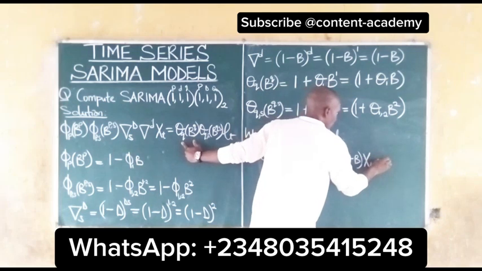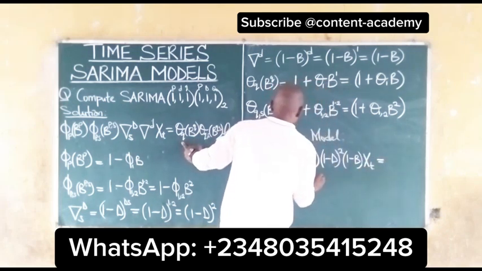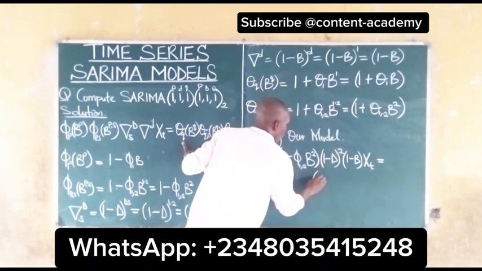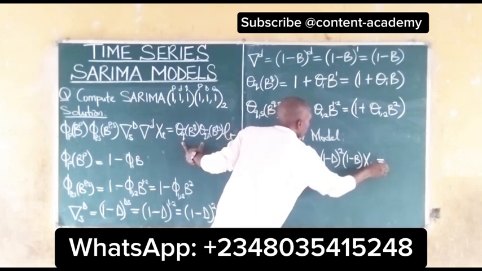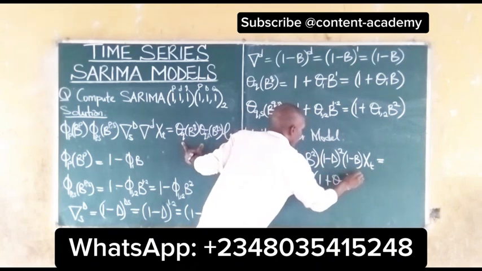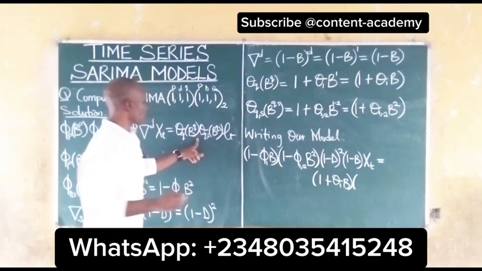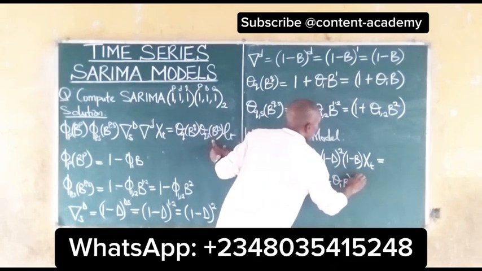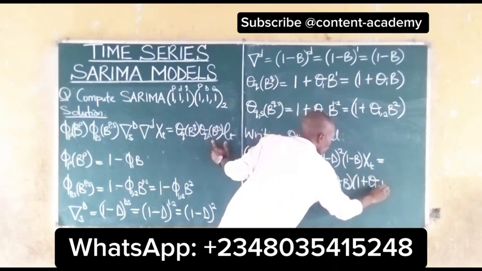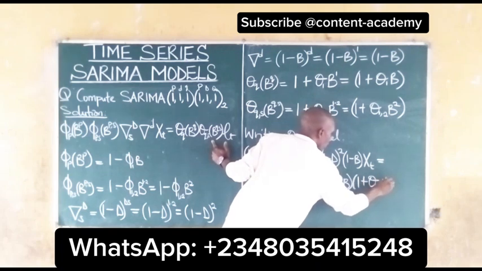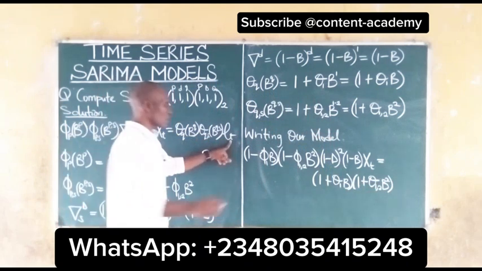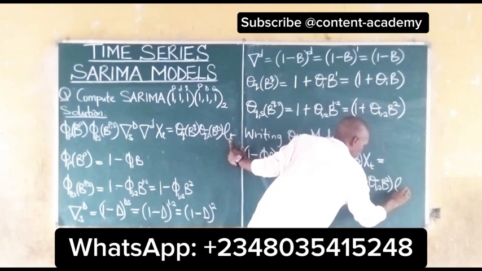The first part here will be 1 plus theta 1 B multiplied by this. So we have 1 plus theta 1,2 B raised to the power of 2. Then we also put our e_t.